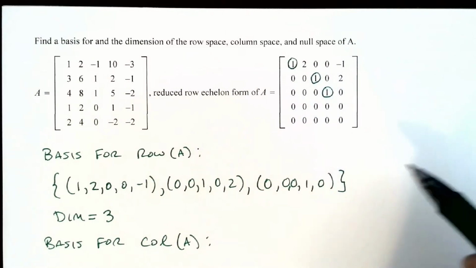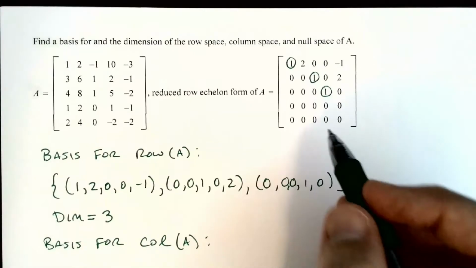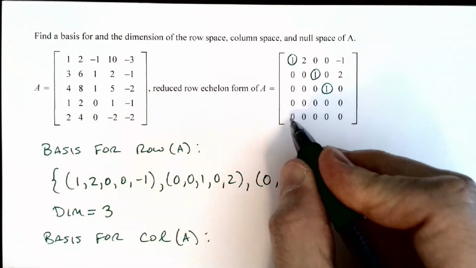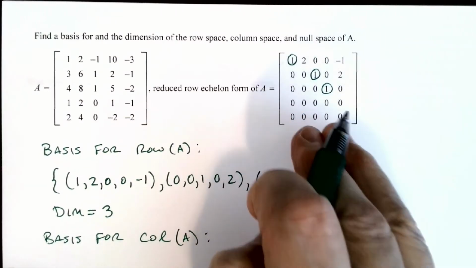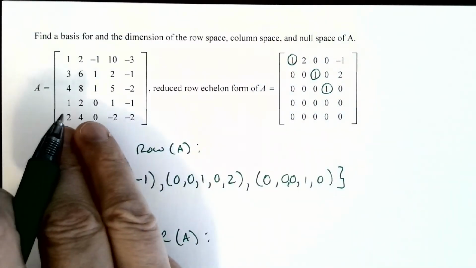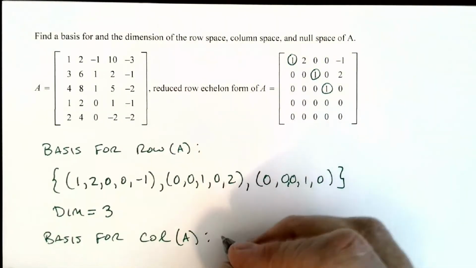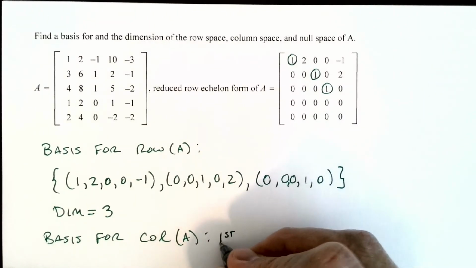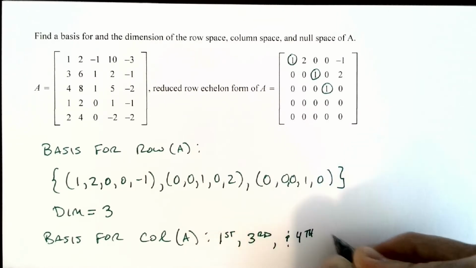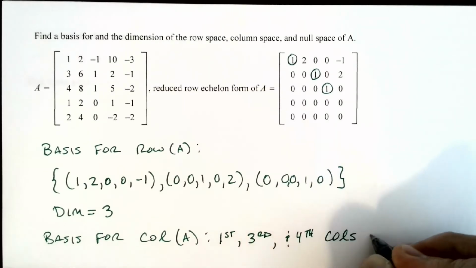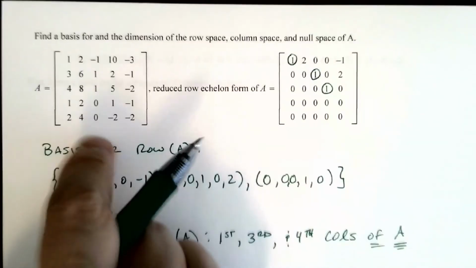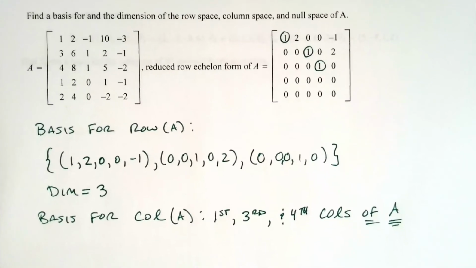So what do we do? Remember what it said? It said corresponding columns. So the first, third, and fourth columns of this matrix form a basis for the column space of the matrix over here on the right. But the corresponding columns over here, which would again be the first, third, and fourth columns of the matrix A, form a basis for its column space.